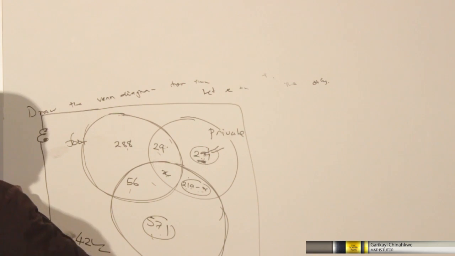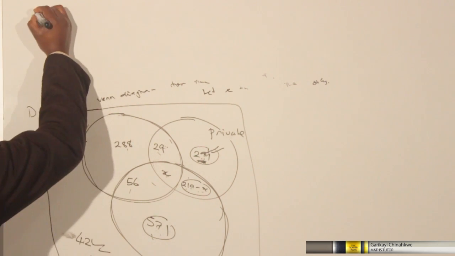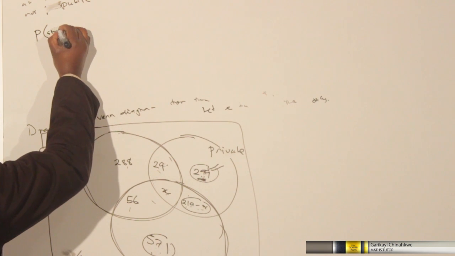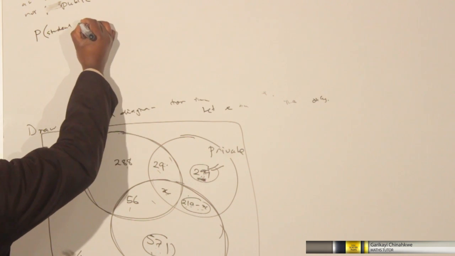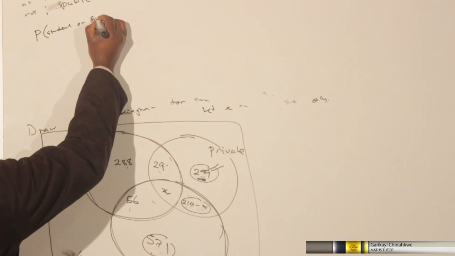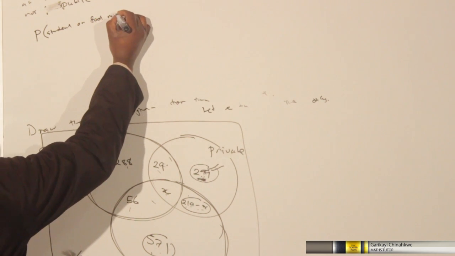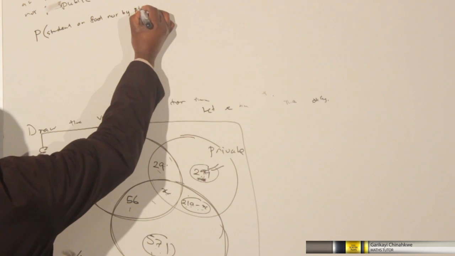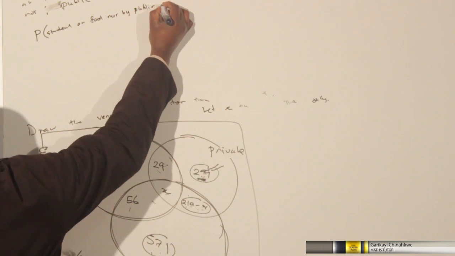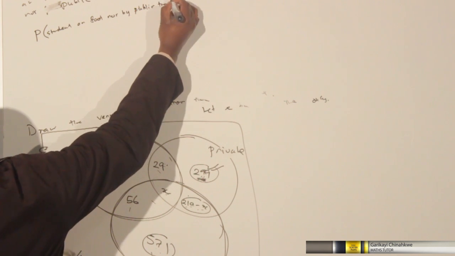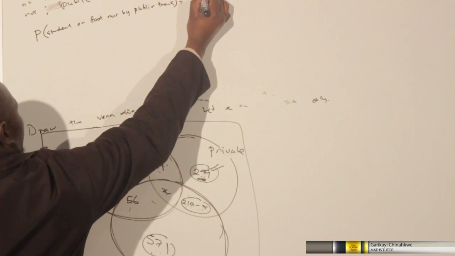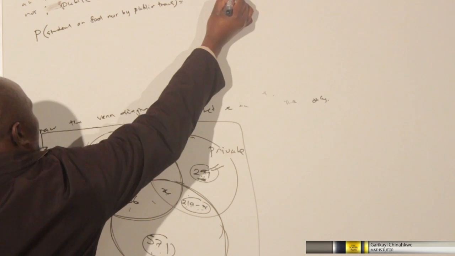So in other words, we are going to say the probability of students neither on foot nor by public transport is equal to 299 plus 42 over the total.